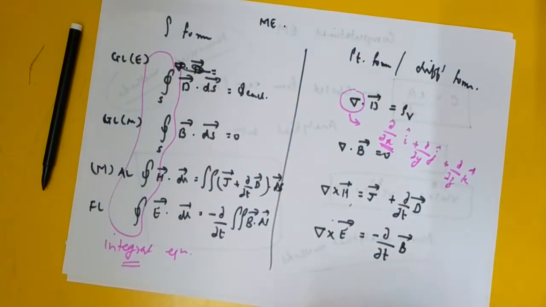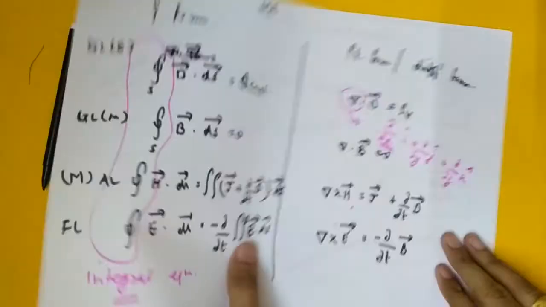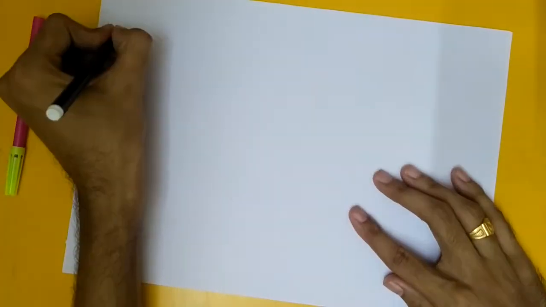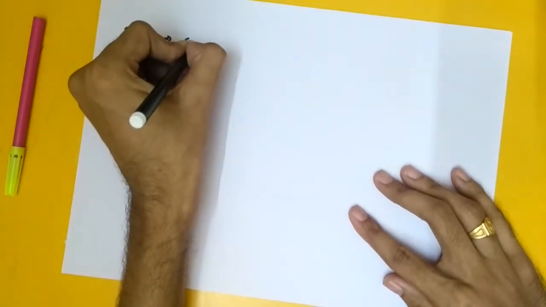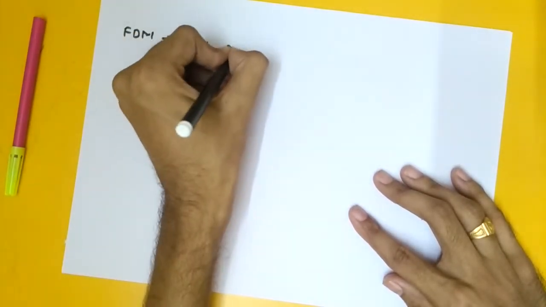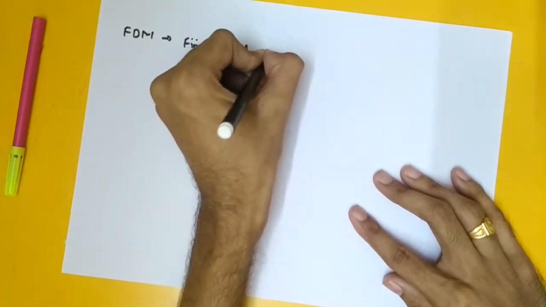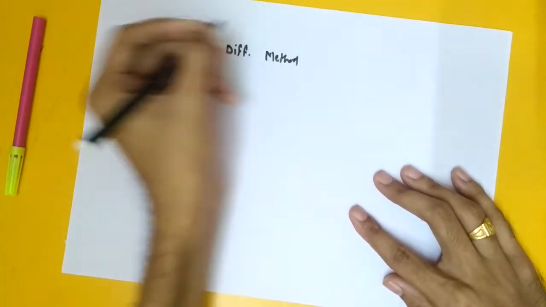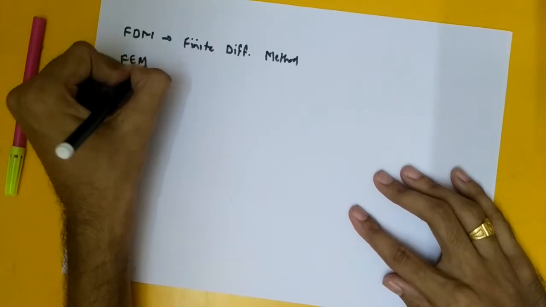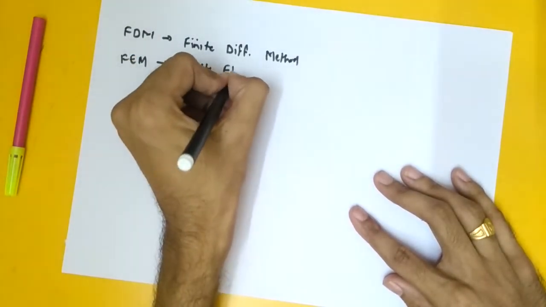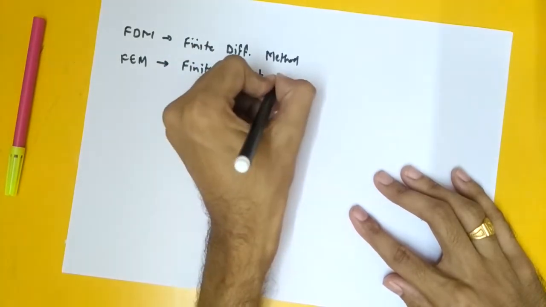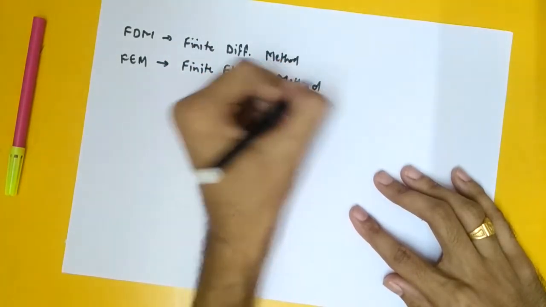How to solve these? As we saw, they are quite tedious to solve. The answer is numerical methods. The first method is FDM, which stands for finite difference method. Then we have FEM, the finite element method.